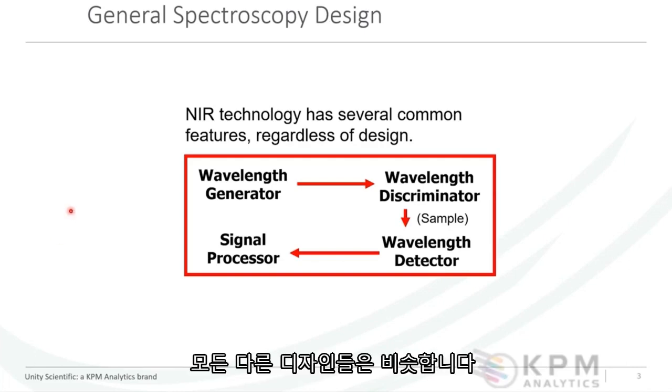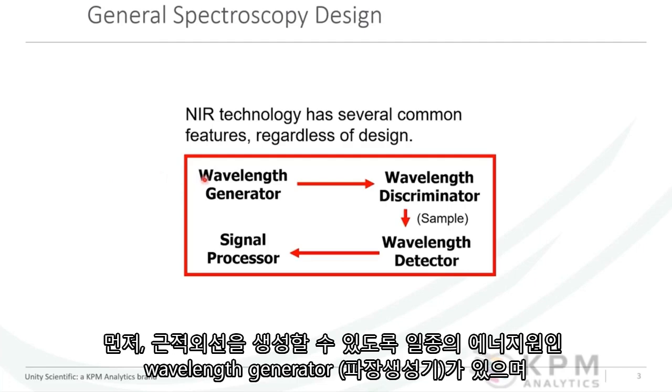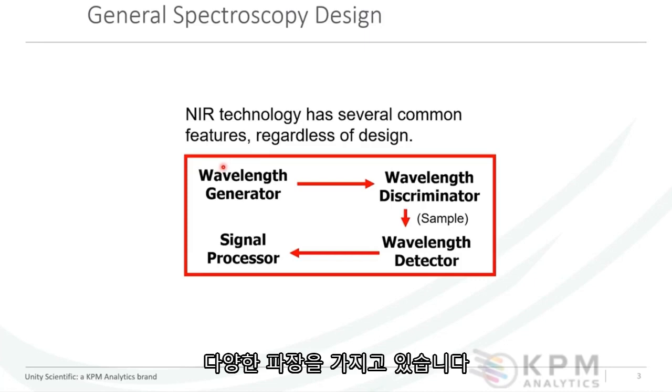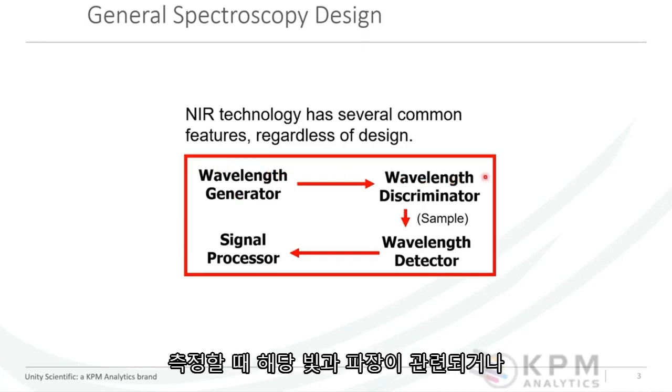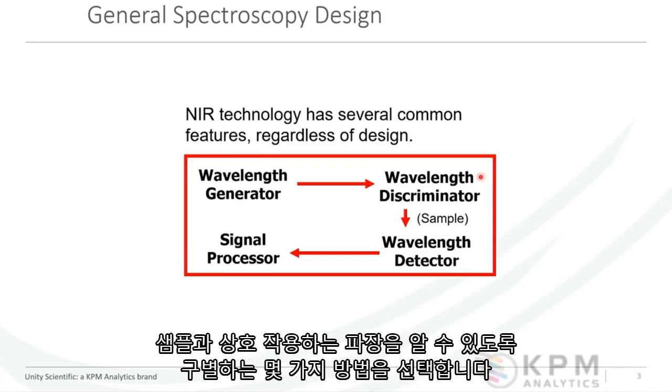All of these different designs have similar requirements or similar features. First of all, they've got some sort of an energy source and a wavelength generator, so they can generate near-infrared light across various wavelengths. They've got some way to discriminate amongst those wavelengths to make sure that when we're making a measurement, we know what wavelength it relates to.